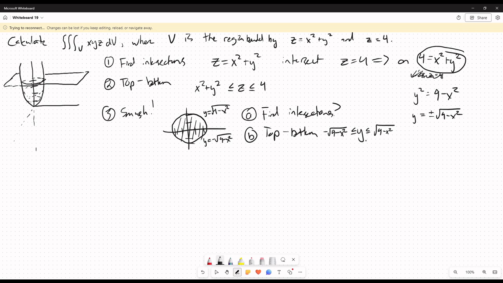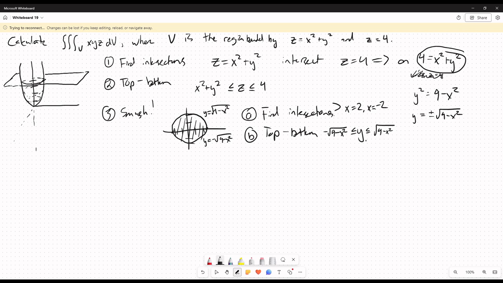Okay, so we have our top and bottom. And now the question is, where do these curves intersect? Well, they intersect at x equals 2 and x equals negative 2. Okay, so we found our intersections. Just going back to the very beginning, we found where the two surfaces intersected.